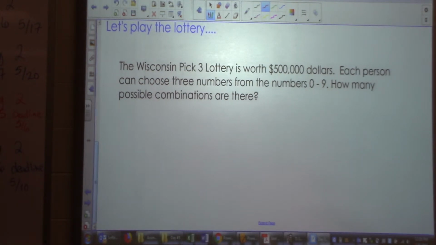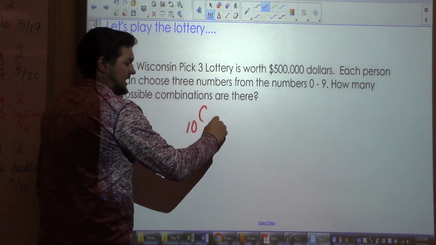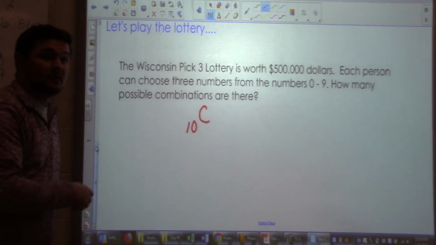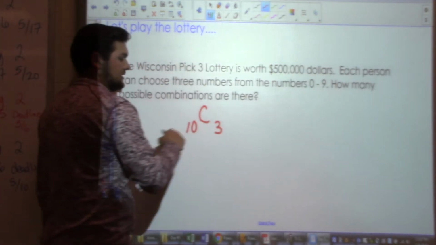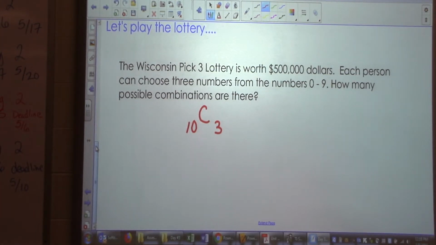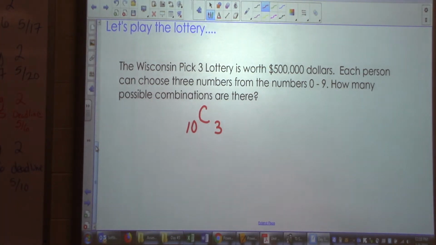Well, how many numbers do we have to choose from? 10. And it's a combination because order doesn't matter. And how many are we picking? 3. So 10 C 3. If you wanted to write them out, you could. You could go 10 times 9 times 8. Should still get you the same answer. What do you get?